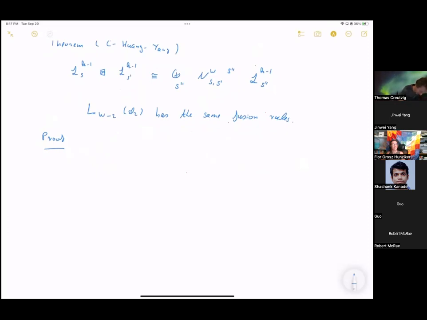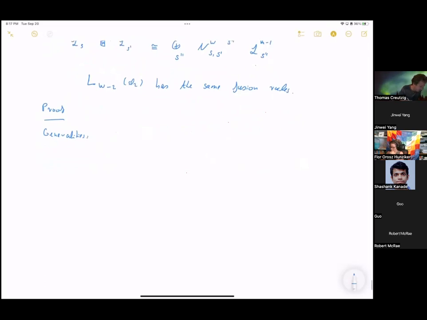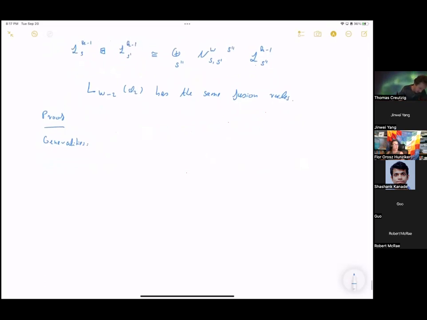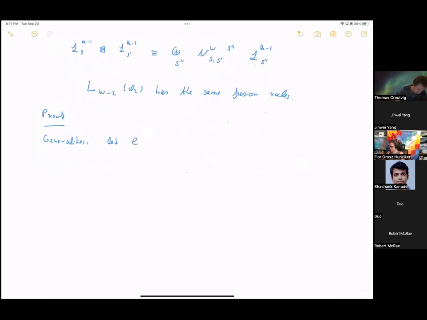And the nice thing is this follows from the categorical framework. And let me set up the categorical framework. So this is what I will now explain. I think it's instructive to see this again.